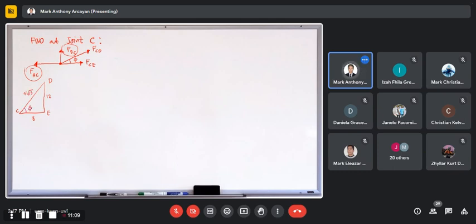This is the angle we let be phi. So let's get its sine. Sine phi is opposite, that's 12 over 4 square root of 13, which is equal to 3 over square root of 13. Then for cosine phi, that is 8 over 4 square root of 13, which is equal to 2 over square root of 13.